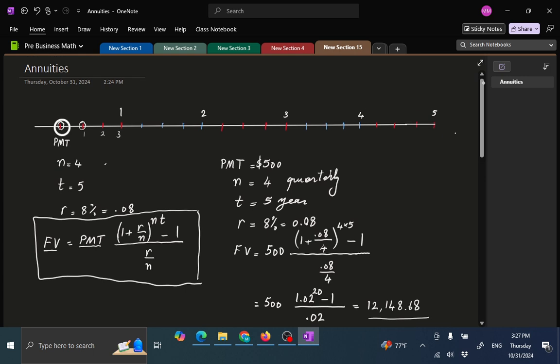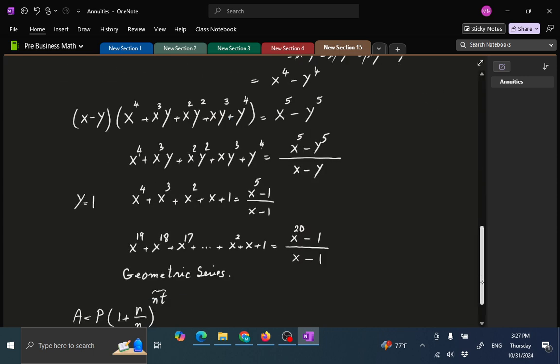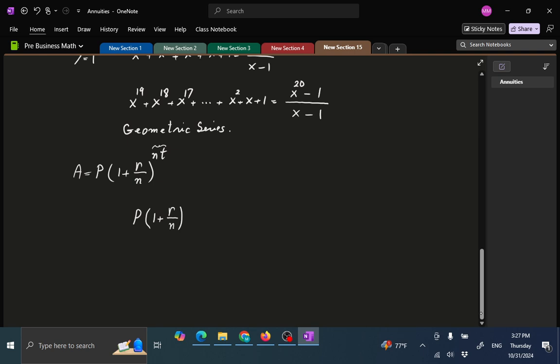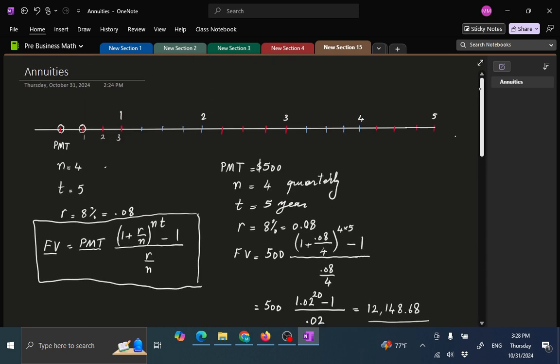Remember, the very first payment is going to go through 19 compoundings. So I'm going to compound it for nt minus 1, and the next one is principal times 1 plus r over n, which is going to be 1 less compounding, and so on down the road I go, all the way to the last principal that we pay on the last day of this contract.